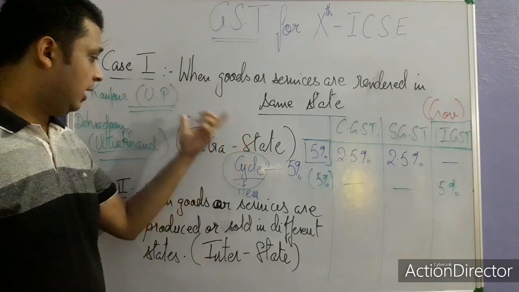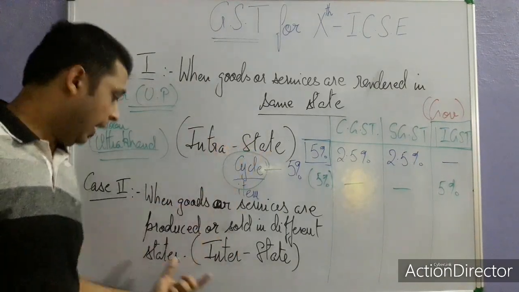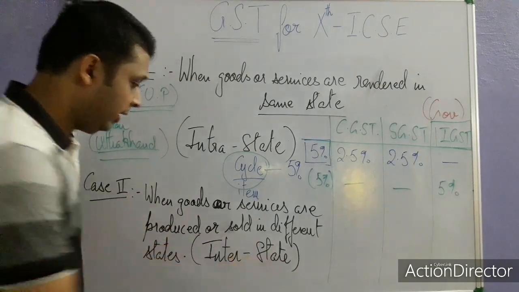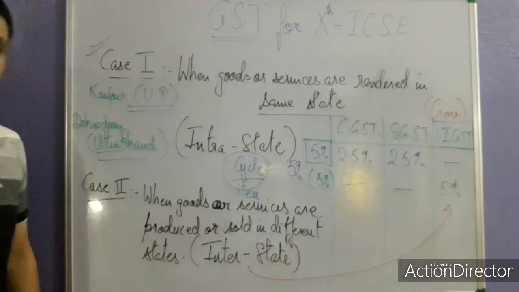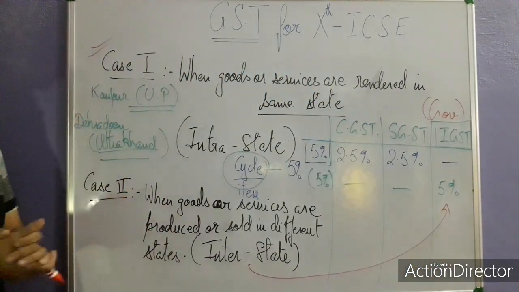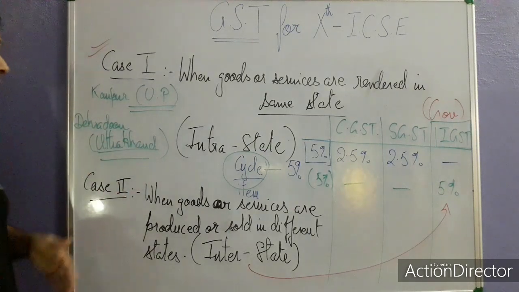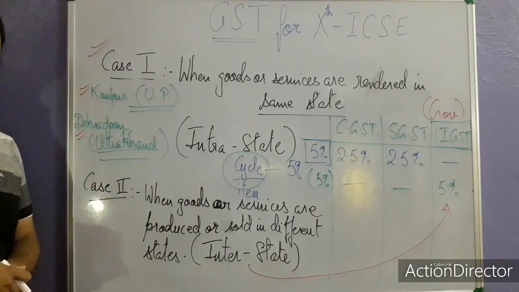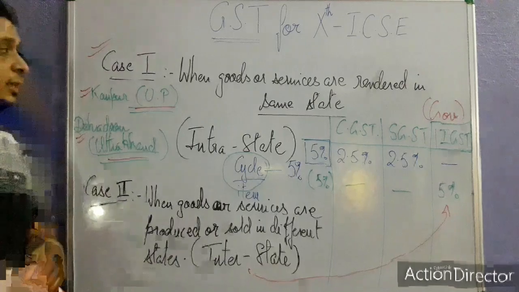So case 1 sums up as intrastate, and case 2 sums up as interstate. Interstate gives rise to the IGST, in order to avoid any kind of conflict or to sort out the issue between the manufacturer and the consumer of two different states. I hope these things are clear to you.